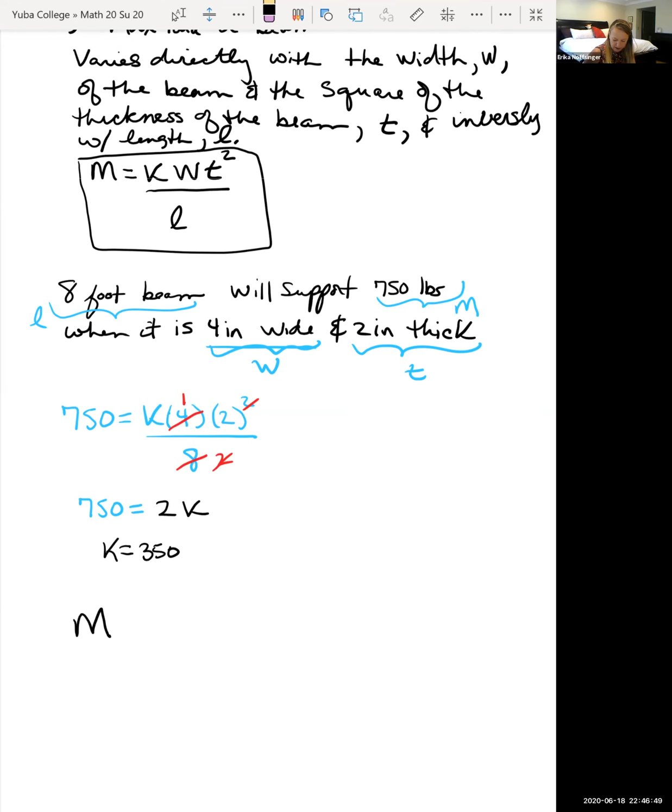So we have our maximum load is equal to 350. Oops, that's not right. 2 goes into 750 375 times. So we have M is equal to 375 W T squared over L.